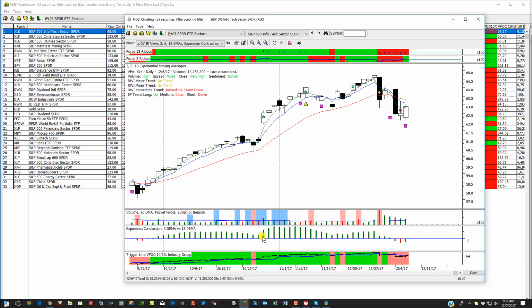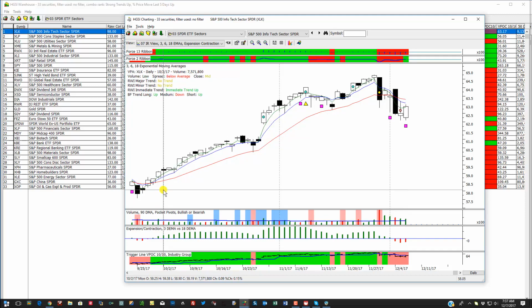The expansion, contraction is in this window, and when a stock or an index or an ETF is moving up, you're going to see the green histogram above the center line, and that represents the difference between the 3-day exponential moving average and the 18-day exponential moving average.